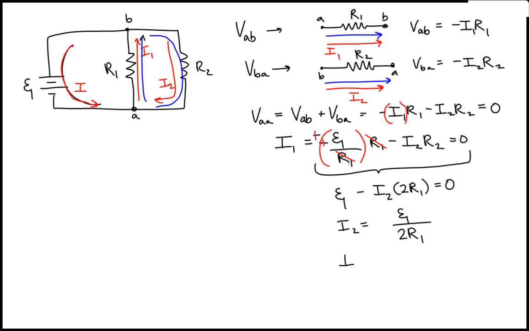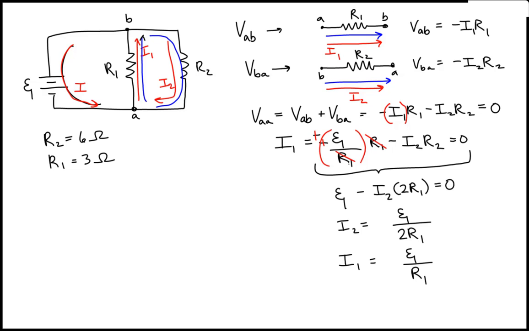And notice the current through resistor 2 is equal to 1/2 the current through resistor 1. That makes sense because resistor 2, remember, is a 6 ohm resistor, and resistor 1 is a 3 ohm resistor. So if we have double the resistance, it makes sense that we would have half the current for the same potential difference.